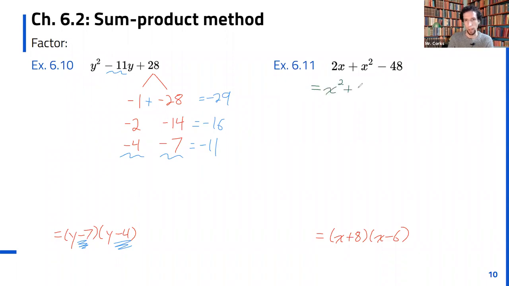All right, and the one on the right here, rearrange it just so you don't get confused about which thing is the A or the B. -48. All right, so this one's a little more complicated with the signs. The 48 is negative, so what does that mean about the signs of the two factors? Plus and minus. Okay, so they'll be different.